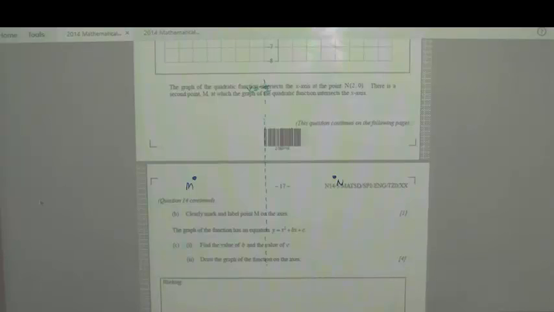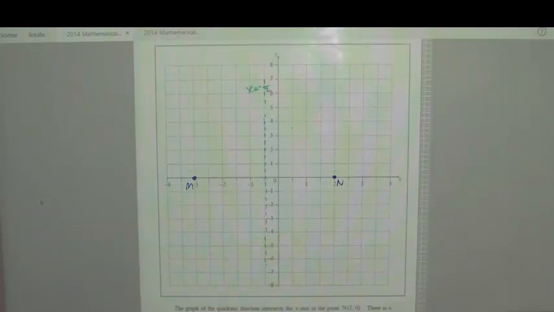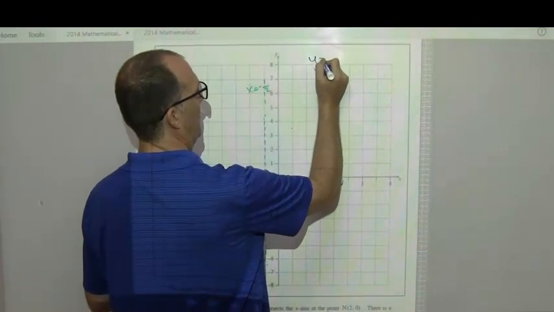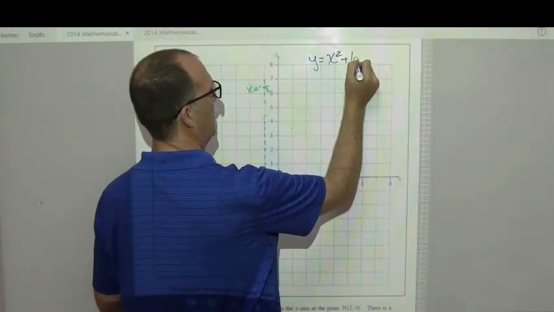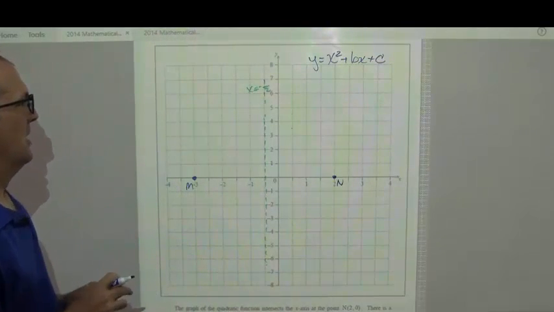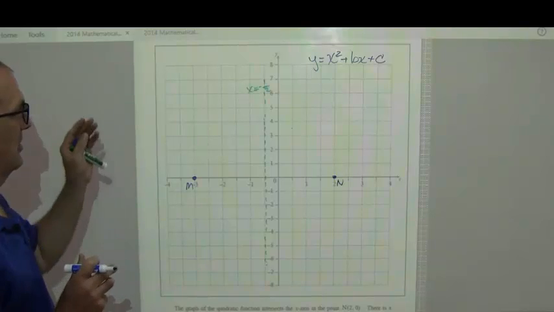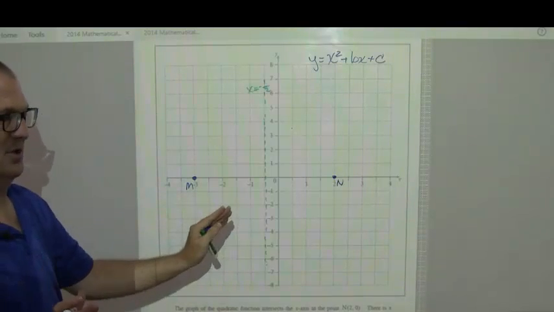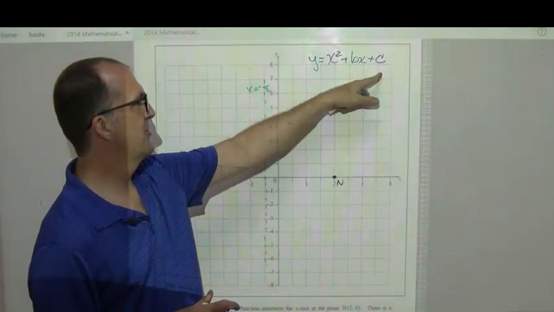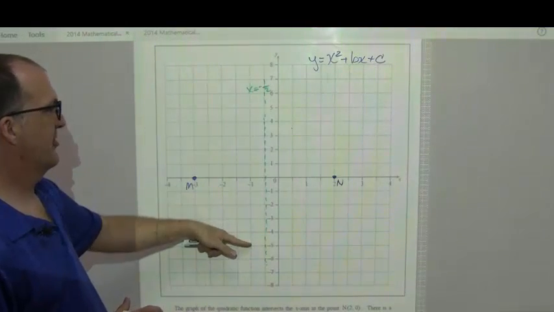They want me to now find the equation y equals x squared plus bx plus c, and they want me to find b and c. Typical of them is to give you variables here, but also the axis of symmetry.